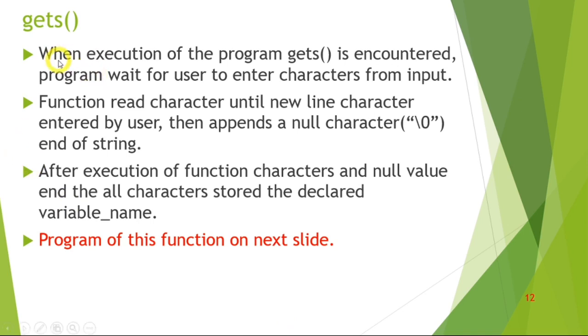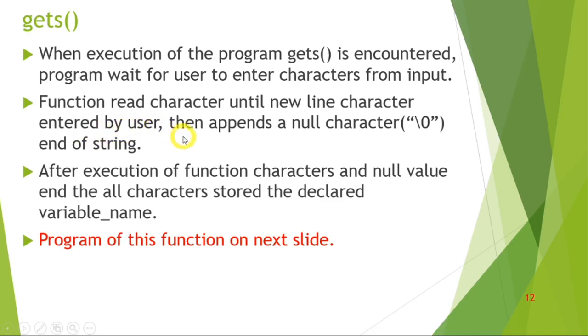Now gets: when the program is executed and gets is encountered, the program waits for the user to enter characters from input. Okay, what happened? The function reads characters until the newline character is entered by the user.